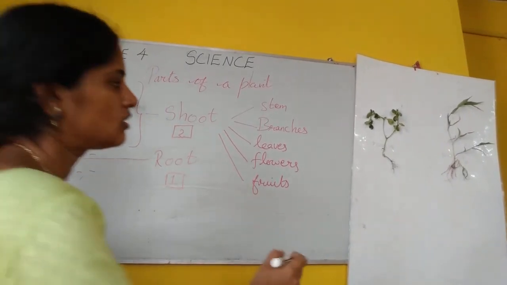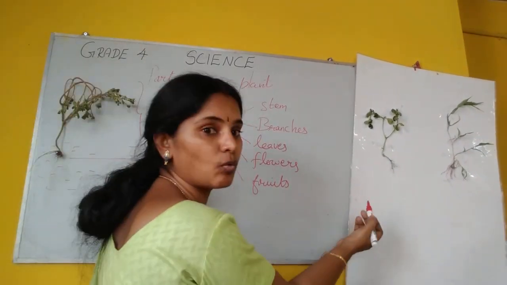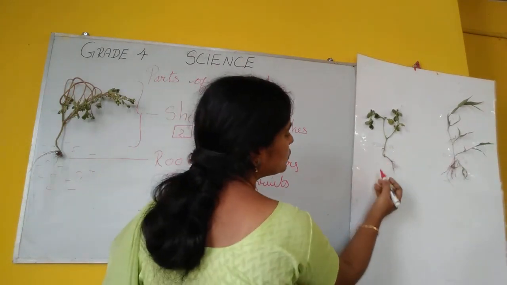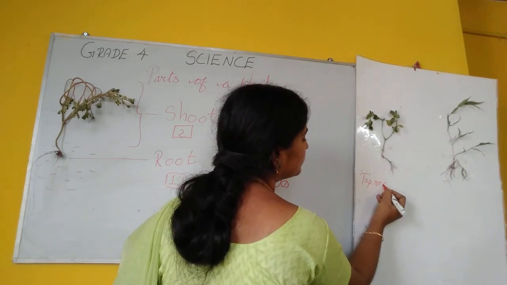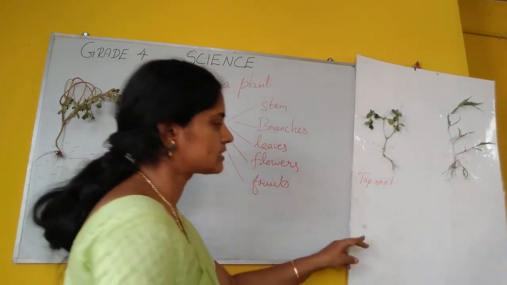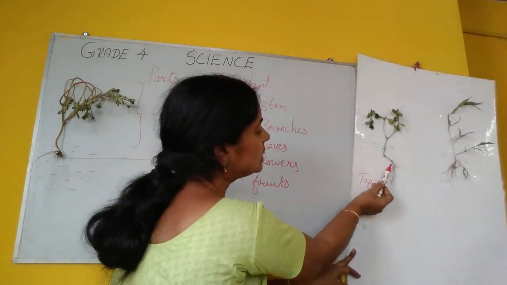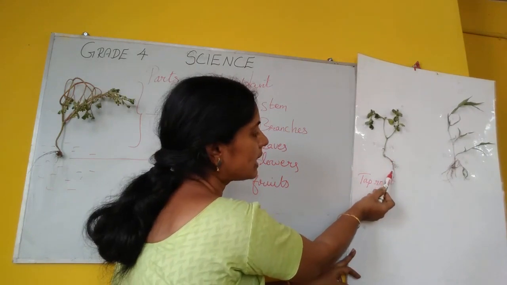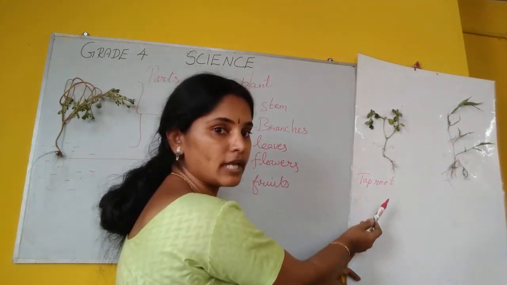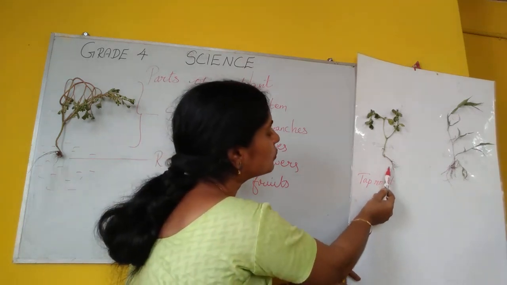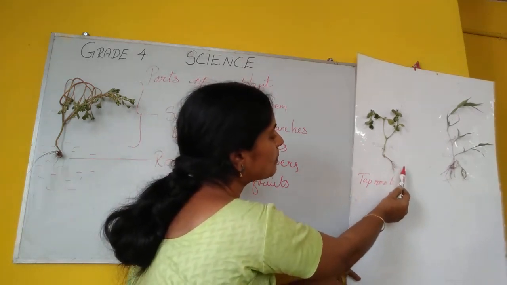See, look here. What root is this? Tap root. There is a single main root. From that single main root, root branches are coming out.